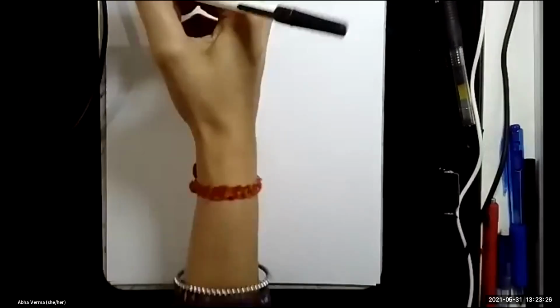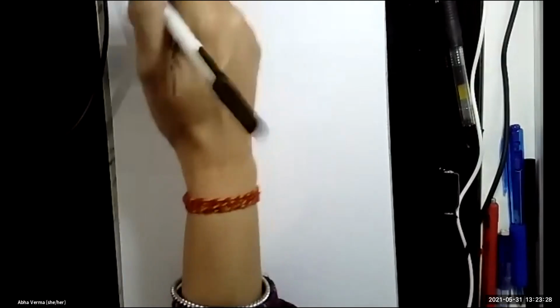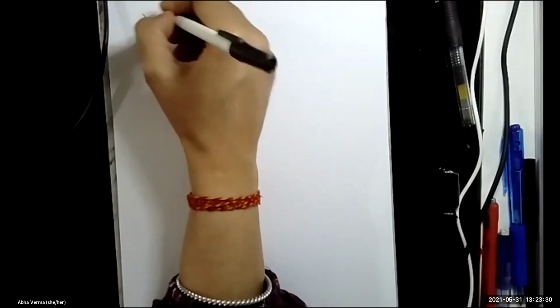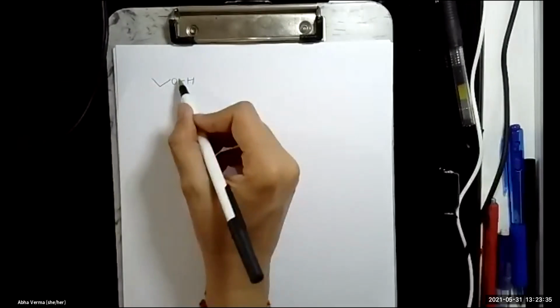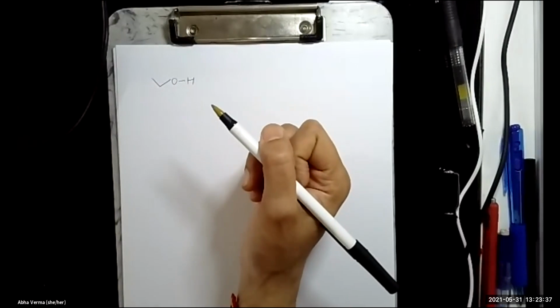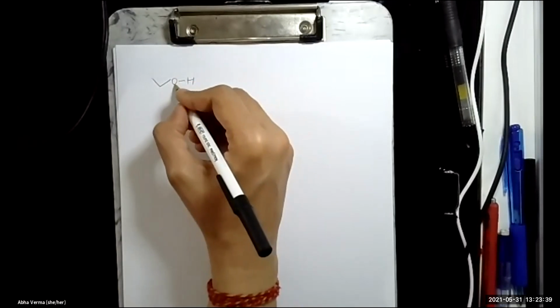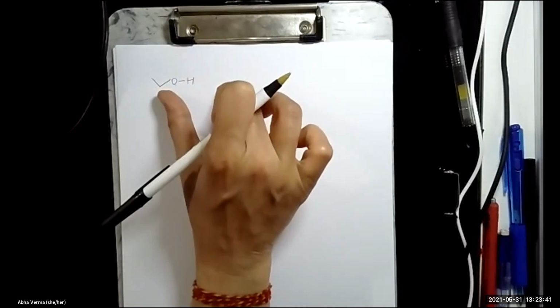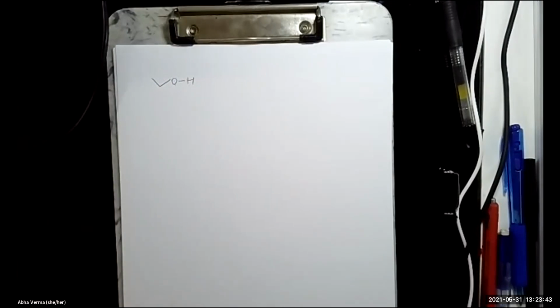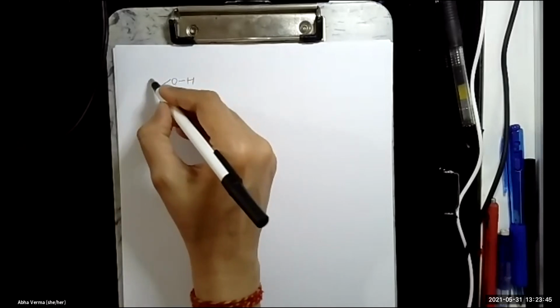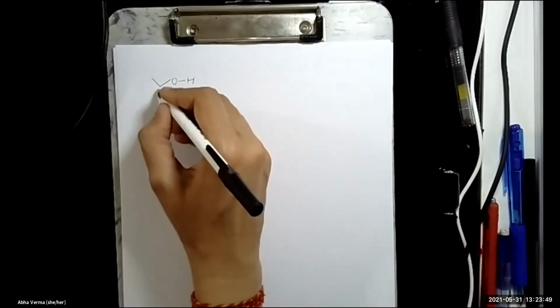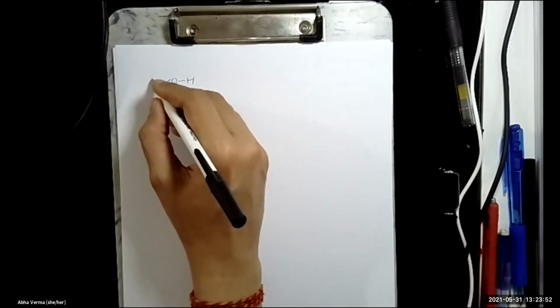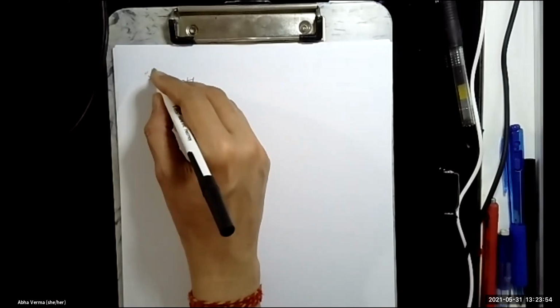If you look at a structure like this, this is my bond line structure. I have forgotten to give it here, but you must understand this: all of these dots are carbons, and all of the other bonds which are not shown here are hydrogens.